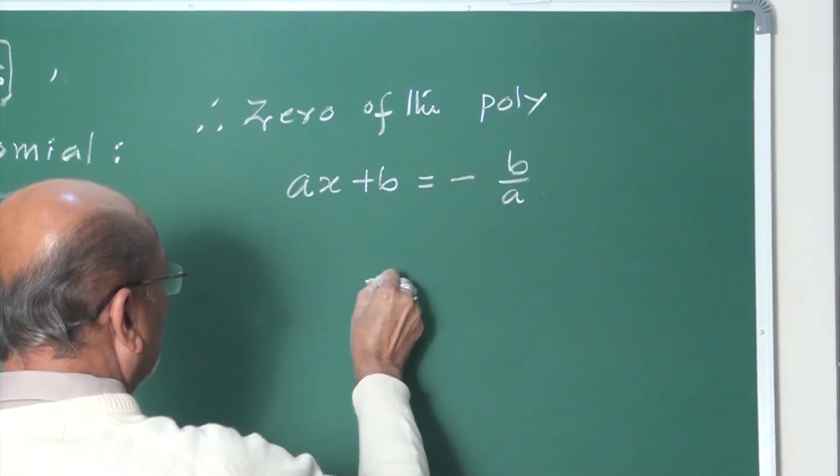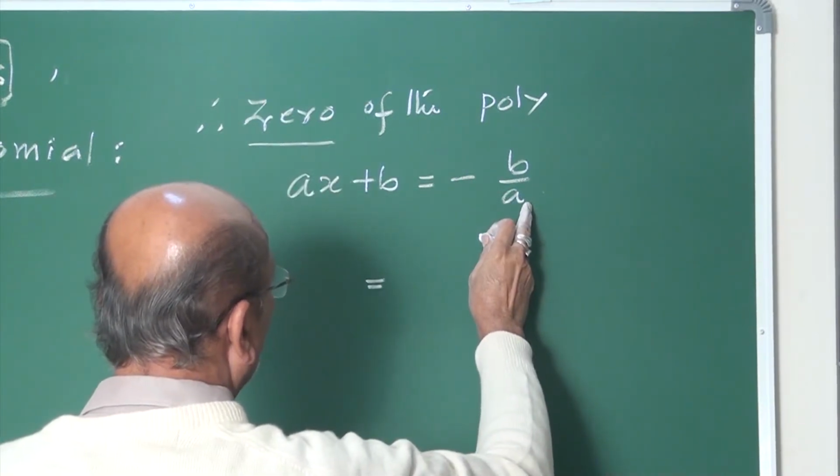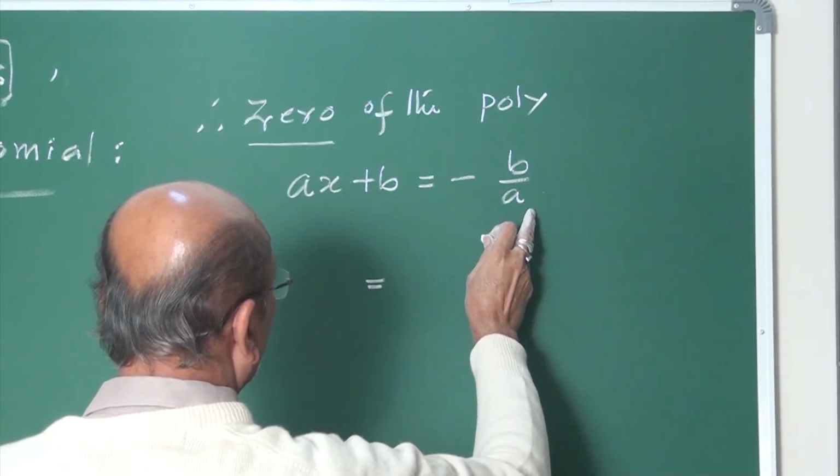This is the zero. The zero of the polynomial is minus b by a.